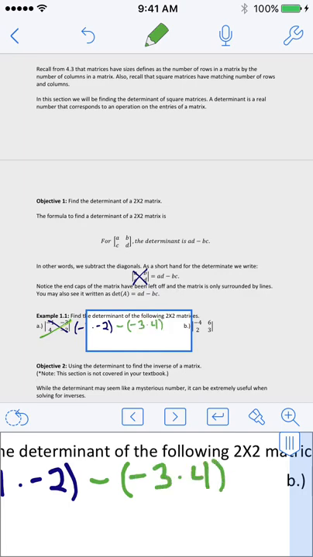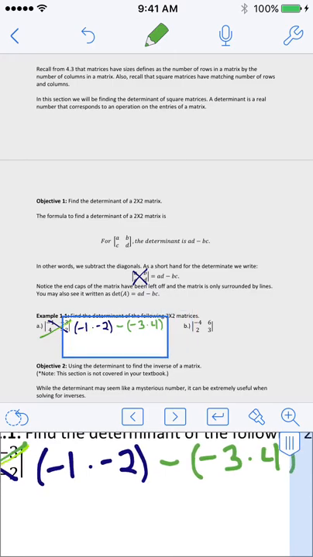The only thing I would caution you about is that this looks very similar to when we multiply matrices. So don't mix these two up. When you multiply matrices you don't deal with the diagonals at all. Think determinant, diagonal. Determinant, diagonal. Notice there are no D's in the words matrix multiplication. So the only time you use the diagonal is when you want to use the determinant, okay? Other than that, it's virtually the same.